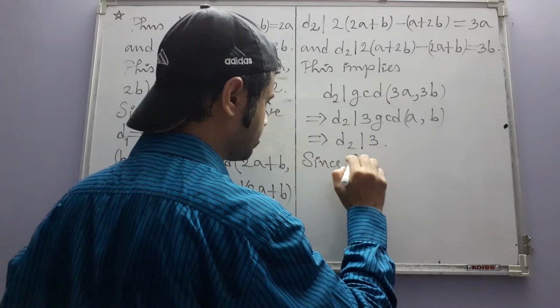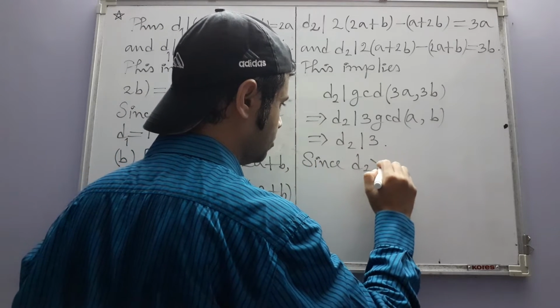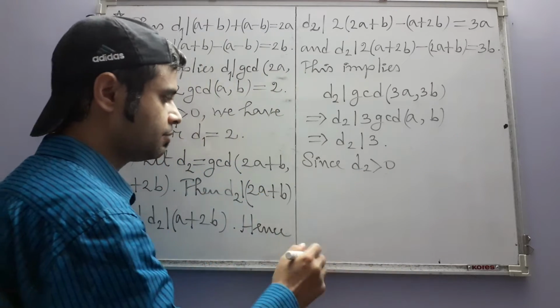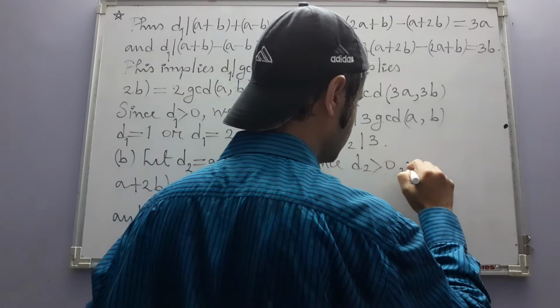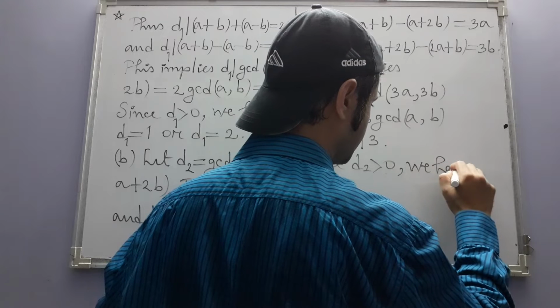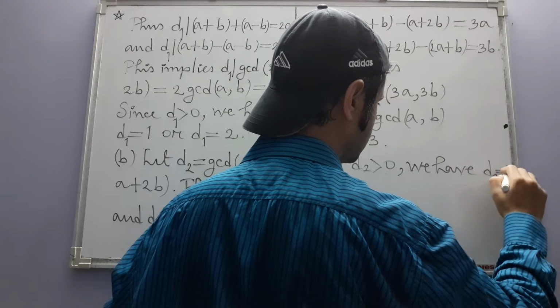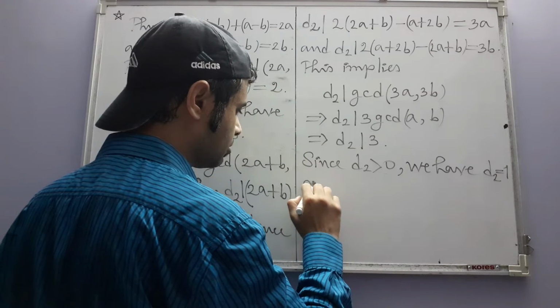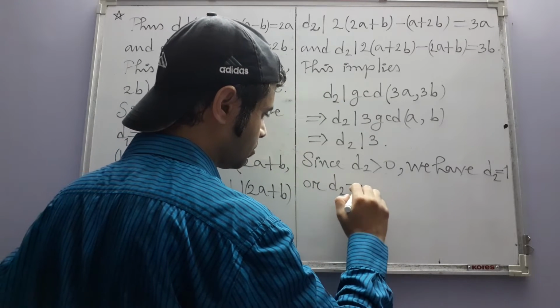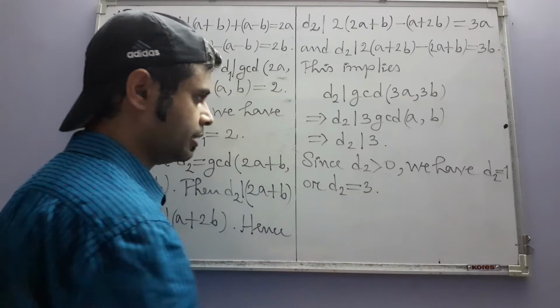Since D2 is, being a GCD, a positive integer, the above divisibility relation implies that D2 is either 1 or 3, and that's what we needed to show.